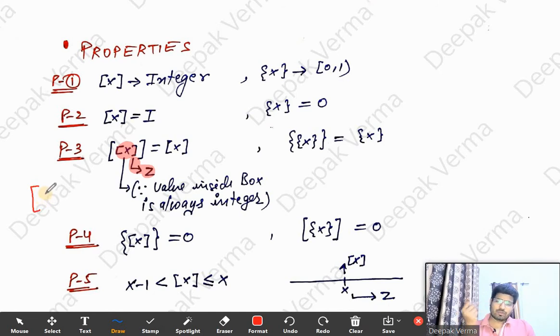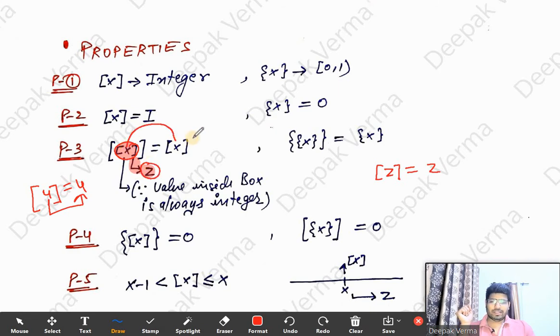If I ask you what is the value of box 4, what will you say? The answer is 4 of course. Here we have 4, here we have 4. It means if I say box of an integer, it is an integer. So the answer will be the integer itself. I hope it is clear.